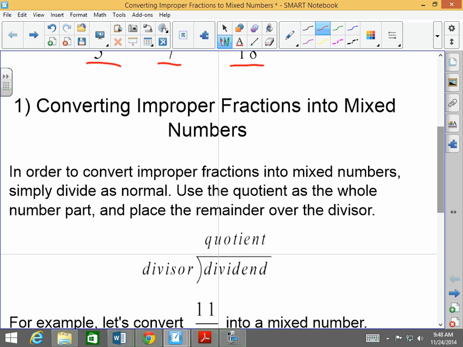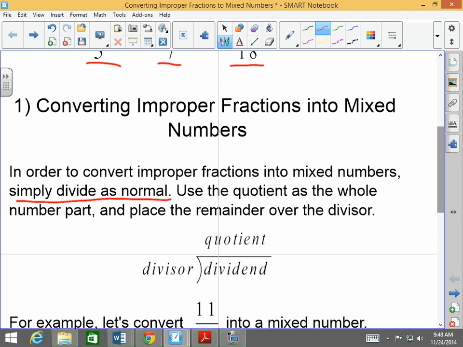Now, converting improper fractions into mixed numbers. It's very, very simple. In order to convert improper fractions into mixed numbers, simply divide as normal. Use the quotient as the whole number part and place the remainder over the divisor.